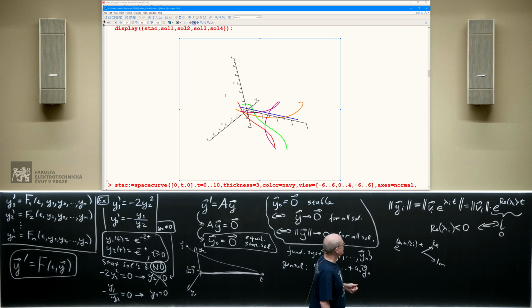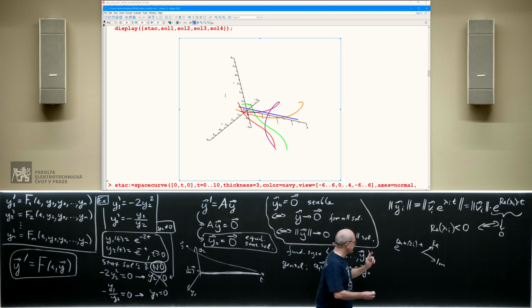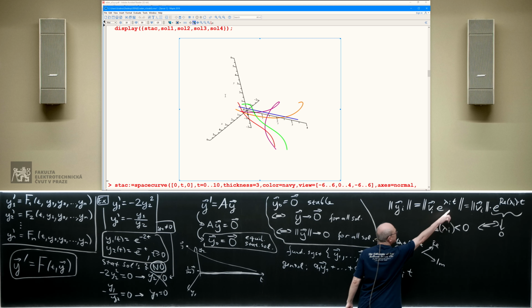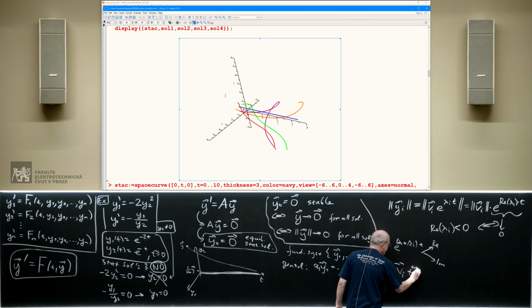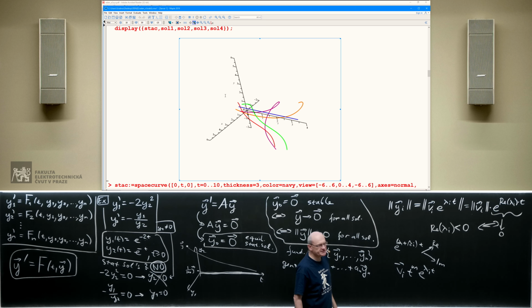The last problem appears if lambda is a real or complex eigenvalue with higher multiplicity. Then the solution is actually some combination of vectors, and also there can be some power of our variable, let's say power m. And the question is, what happens then?